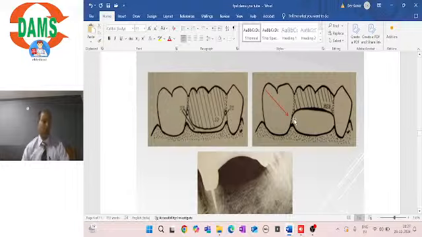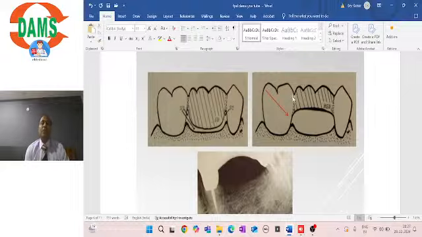So let me talk about the connector width, length and area. Remember, if a question is asked about an FPD with a reduced interocclusal space, which type of pontic is given in the mandibular posterior area?